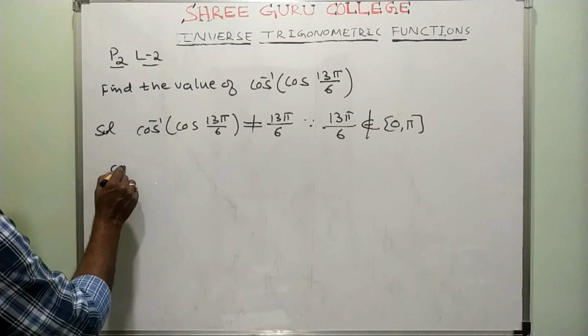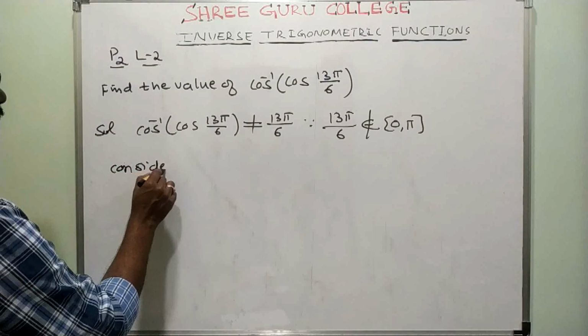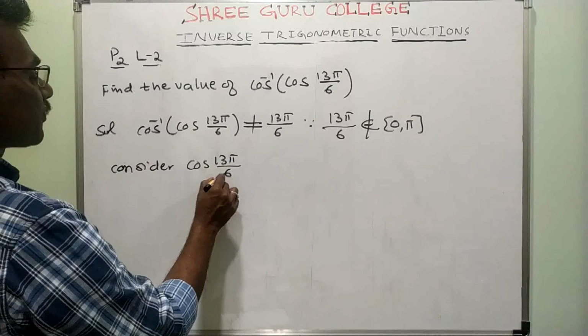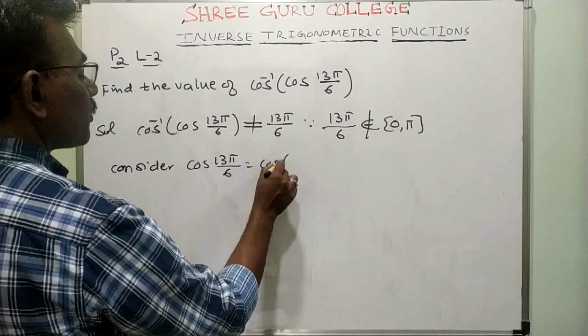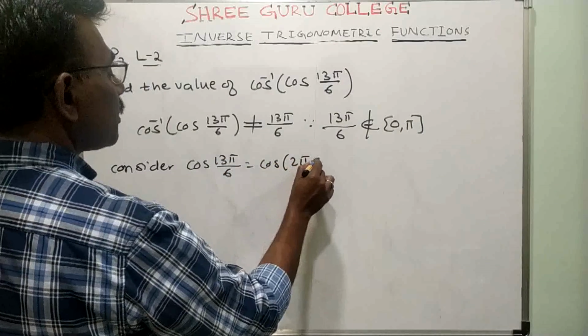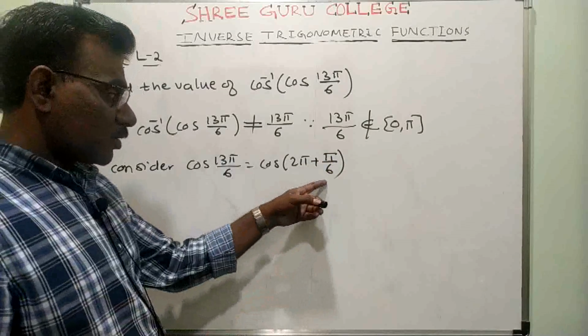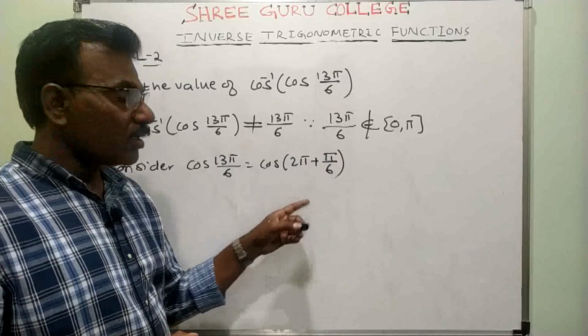Now consider cos 13 pi by 6, which is 2 pi plus pi by 6; 6 twos are 12, 12 plus 1, 13 pi.